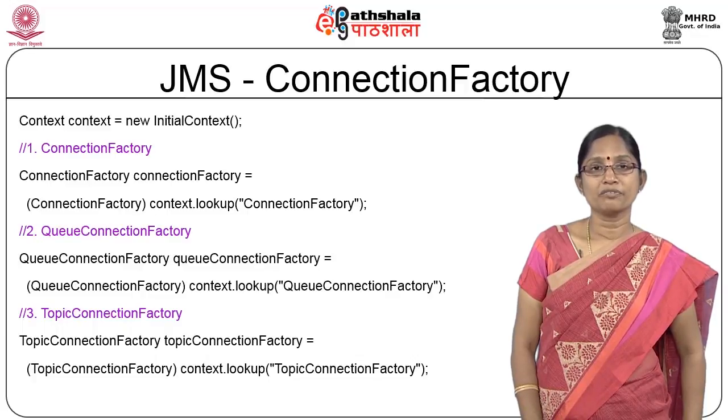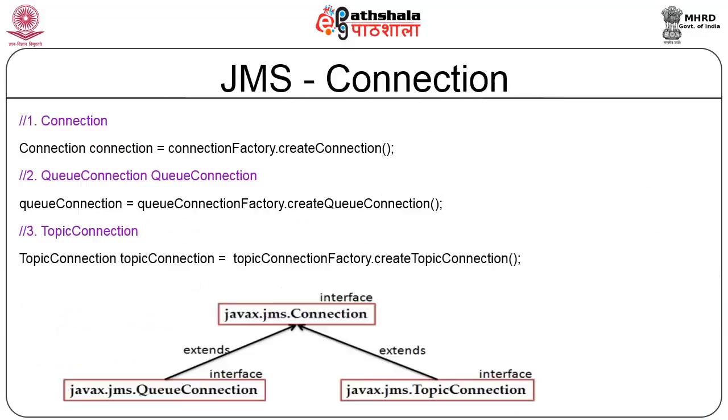Then the connection can be created as either a QueueConnection or TopicConnection. This QueueConnection or TopicConnection has to be created only from the QueueConnectionFactory handle or TopicConnectionFactory handle that you can see in the second and third lines. From the QueueConnectionFactory handle, create a QueueConnection, or create a TopicConnection.